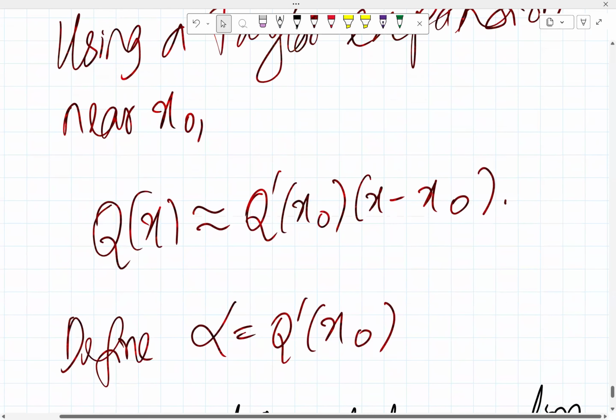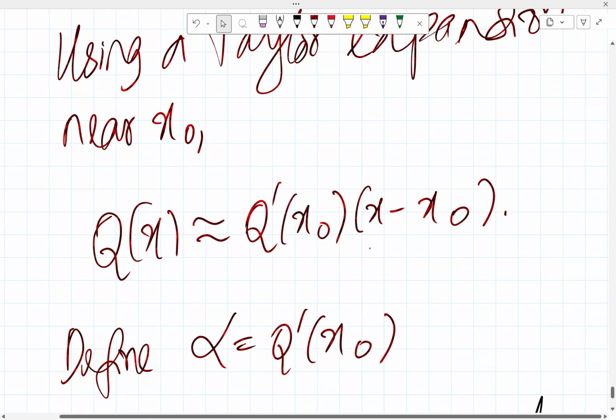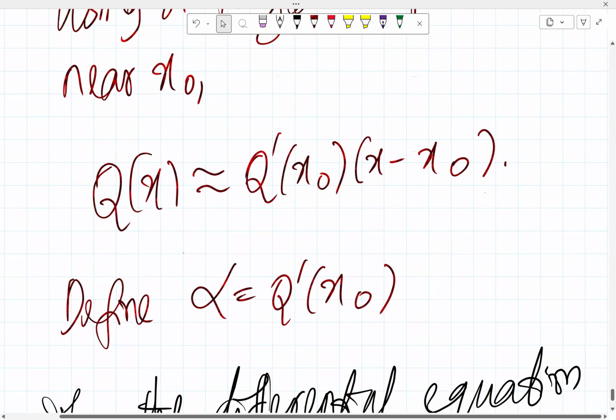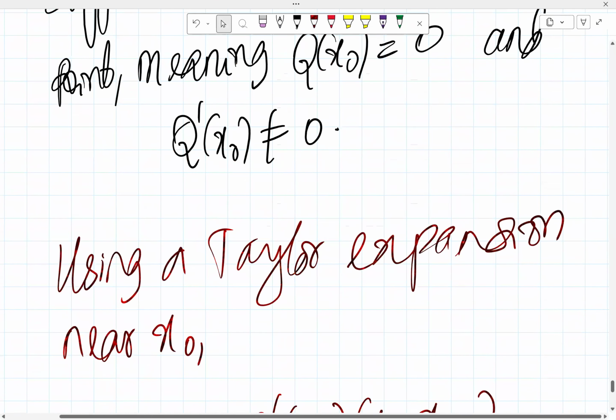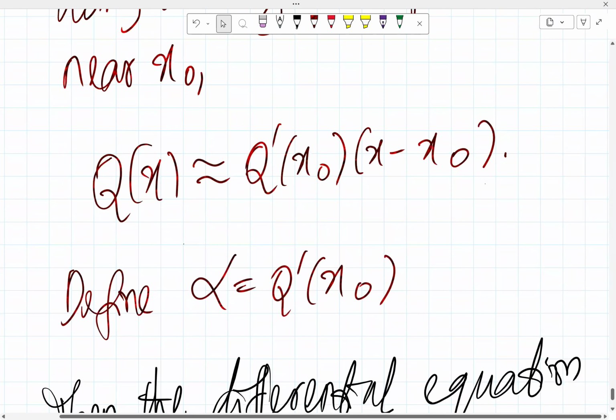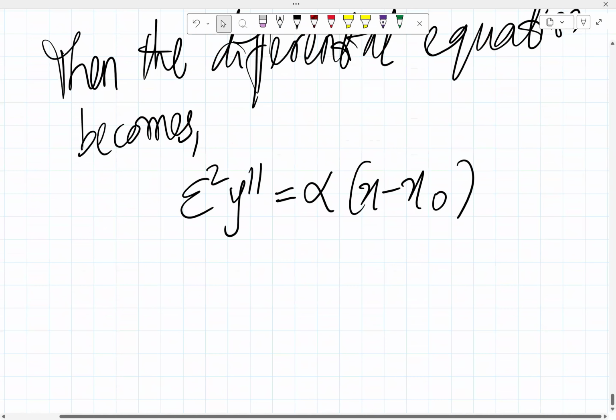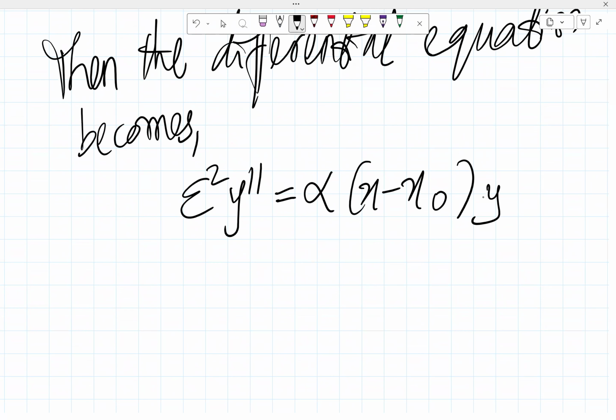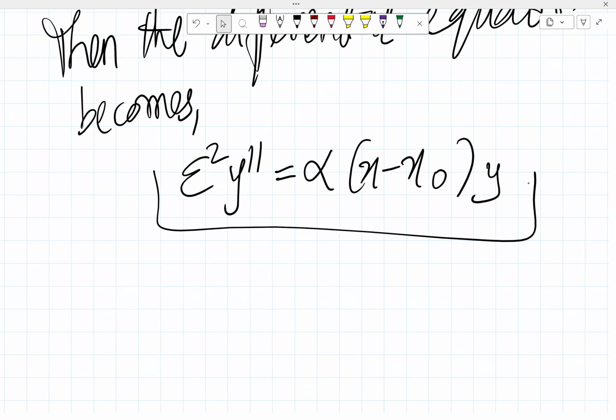When we do the whole expansion here, first we have q(x0), but because q(x0) is taken to be 0, being a turning point, we are left with this expression. So epsilon squared y'' = alpha (x - x0) multiplied by y. This is the expression we have now.